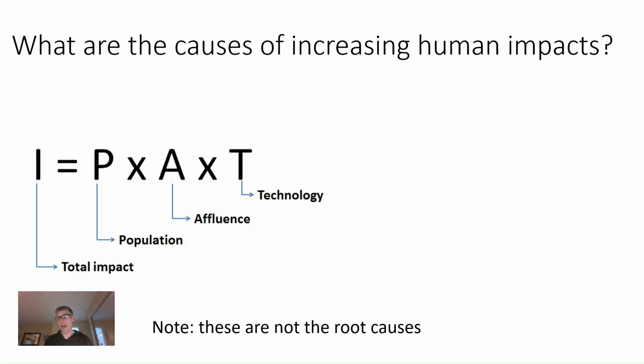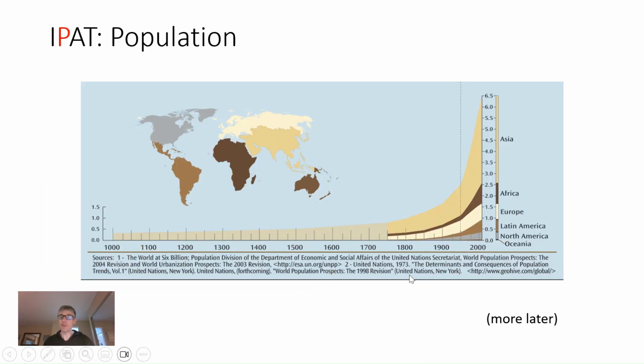You don't have to have materialism for high quality of life, but for many, materialism is associated with quality of life. And that is one of our very sticky points in our society. Okay, so we'll deal with population. That's our primary component that we're going to talk about today.